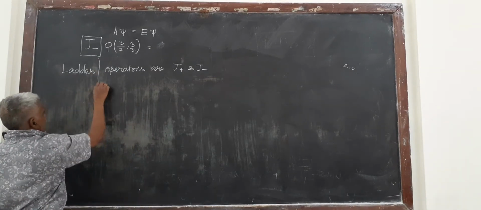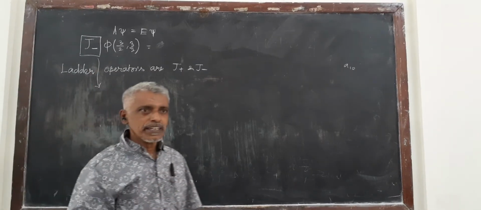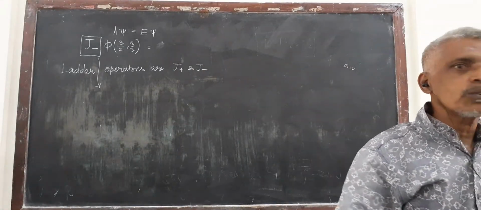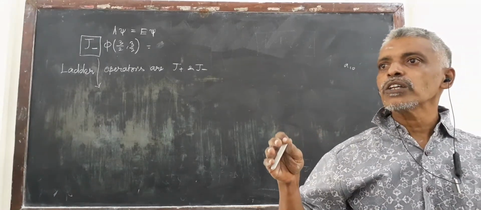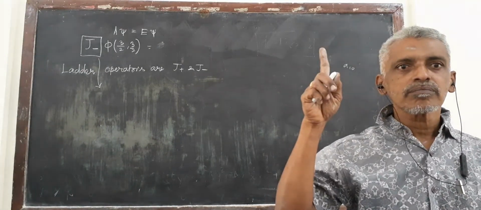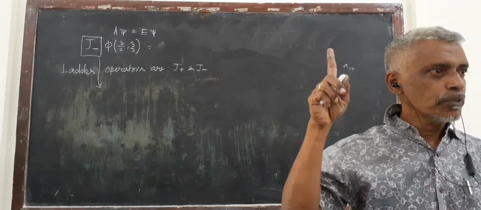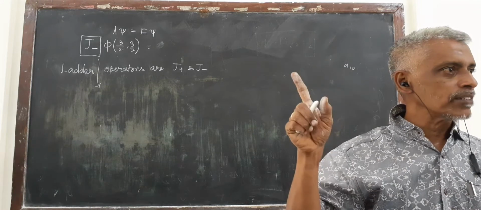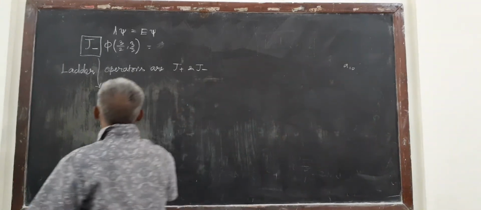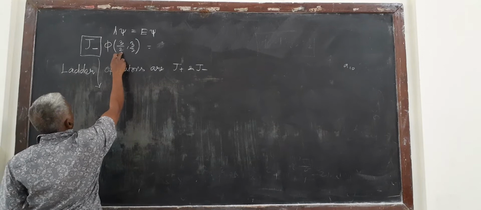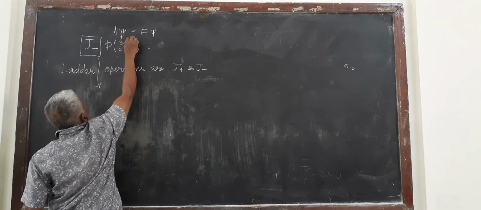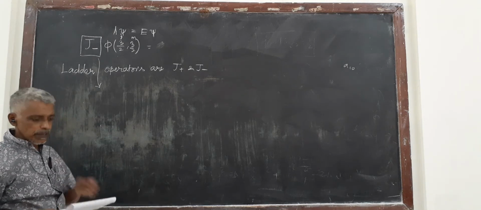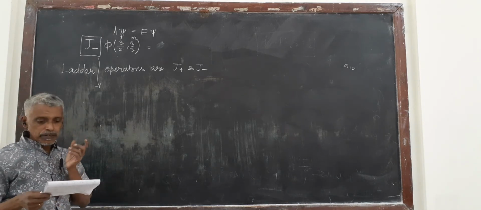What's the purpose of this? It is an operator, it is a ladder operator, it is minus. So you have to reduce the value of m by 1. Want me to repeat it? You have to reduce the value of m by 1. How? So this is j and this is m. It has to be reduced by 1 after having that operation.